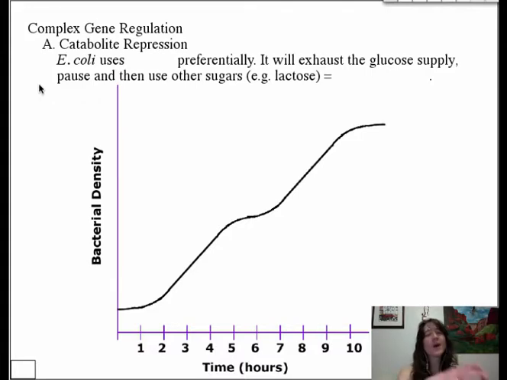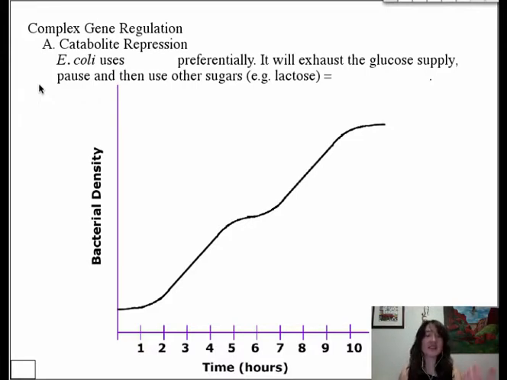So catabolite repression is to say, when there is a food source that can be stripped of its electrons, it actually serves to repress gene expression. One good example of that is when E. coli preferentially eats glucose, and therefore, in the presence of glucose, expression of its lactose degrading enzymes is repressed.